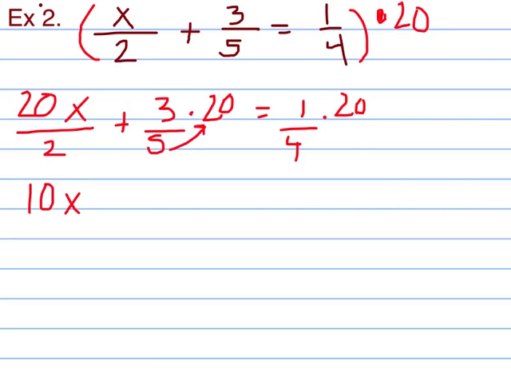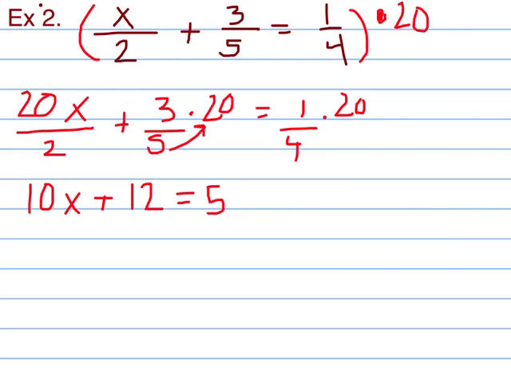Go 5 into 20 first. 20 divided by 5 is 4. And 3 times 4 is 12. Then 4 goes into 20 5 times. So 1/4 times 20 is 5. A fraction times a number like that, just think of it as that number divided by whatever is in the denominator of the fraction. So denominator means divide.